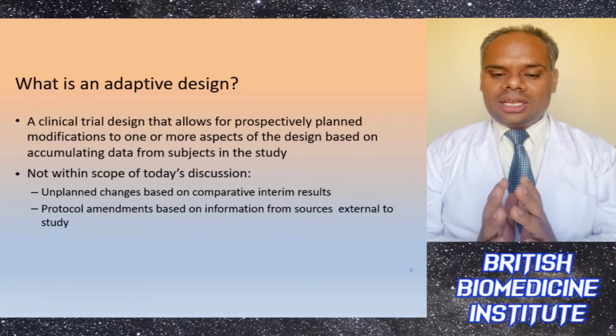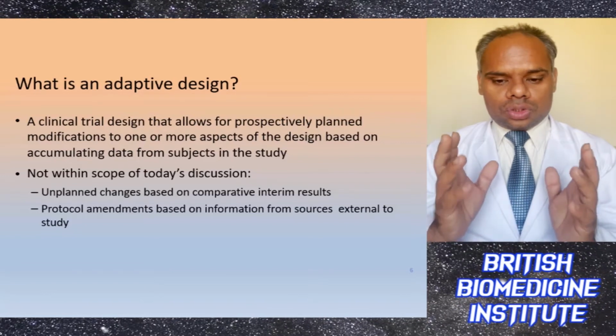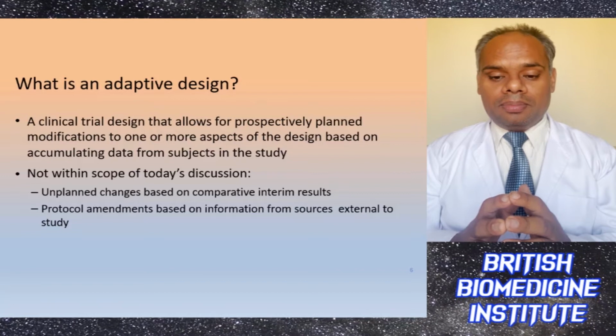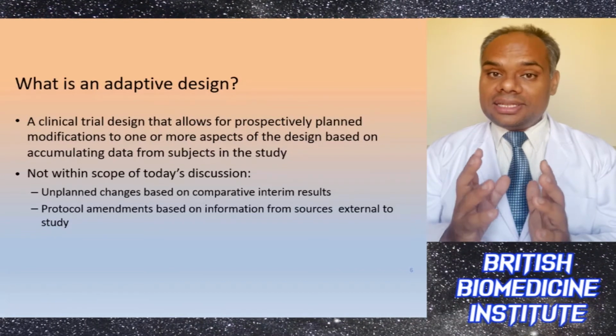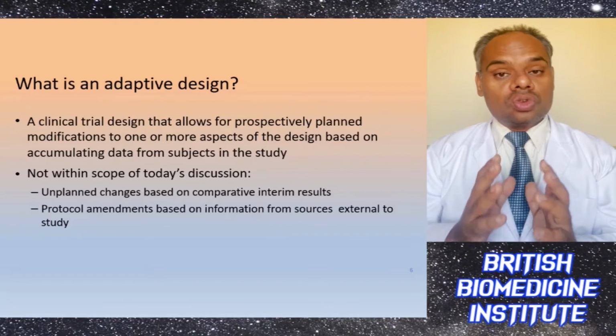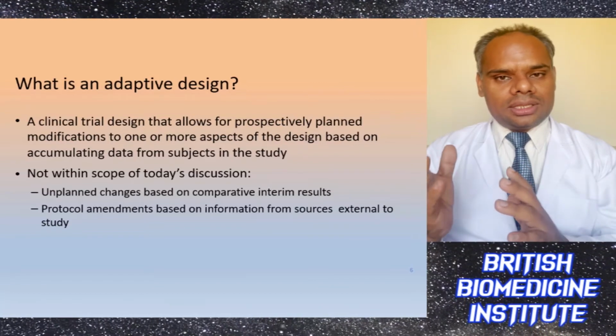So basically there is a lot of scope for discussion. There can be unplanned changes based on comparative interim results, or protocol amendments based on information from sources external to the study.